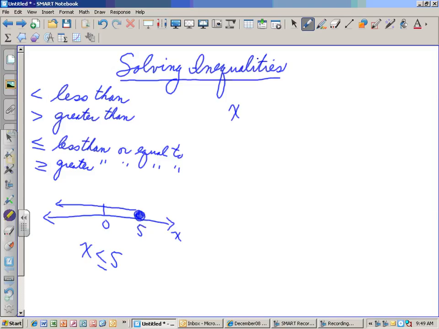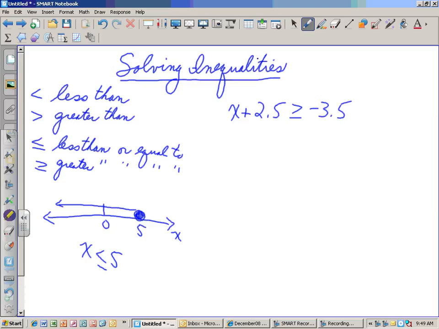Let's try an equation where it says x plus 2.5 is greater than or equal to, well, let's say negative 3.5. And this is not any different than solving a regular equation. And how would you solve a regular equation? What would you have to do?